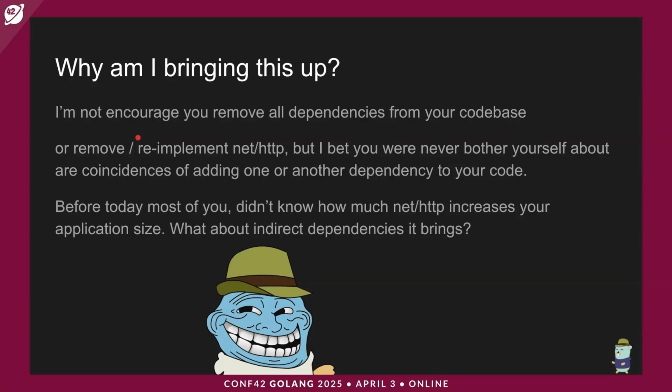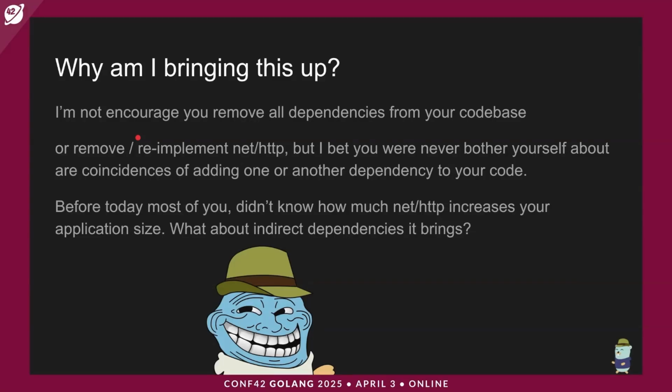But what I'm trying to say is that you probably never bother to look into the size of your application when you remove or add something, and you don't know how many dependencies it brings when you add a small library to your application. Maybe net HTTP is not the biggest one, but it is a common one. And when you add it, you really don't understand what it brings to your application, along with the dependencies of dependencies.